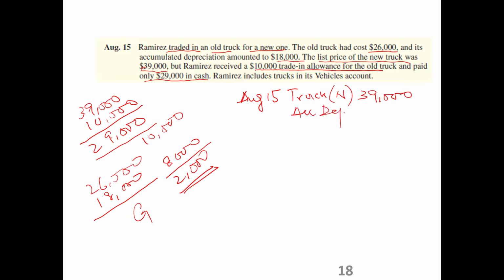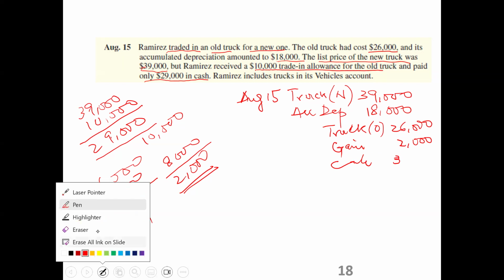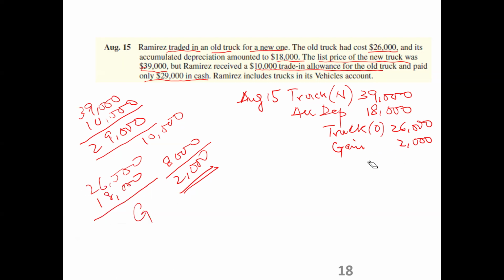Accumulated depreciation on the old truck debit by 18,000. We'll have truck credited by 26,000. We will have gain credited by 2,000 and cash credited by 29,000.